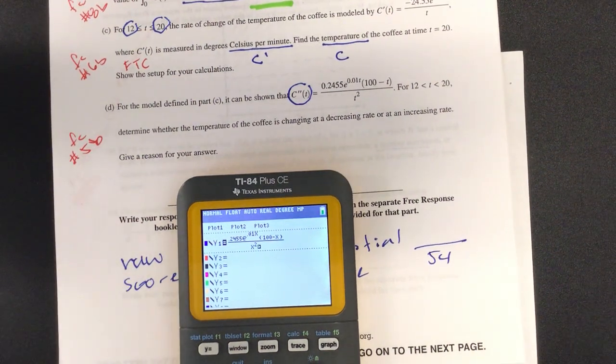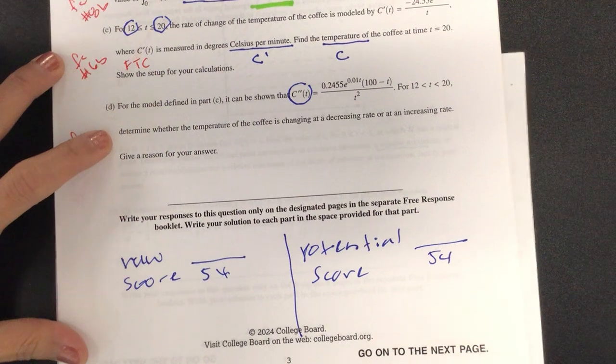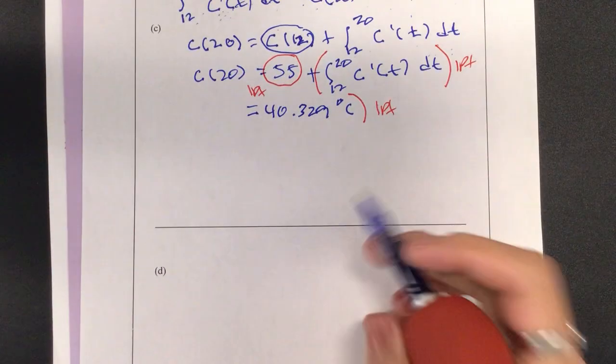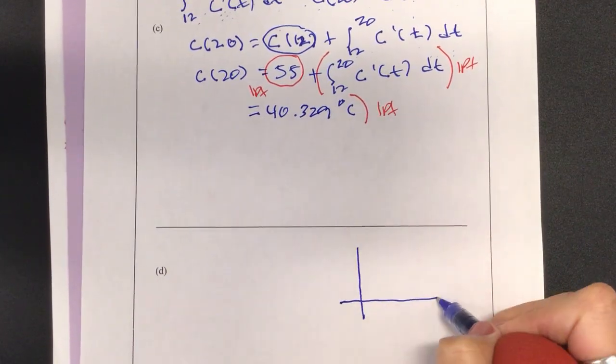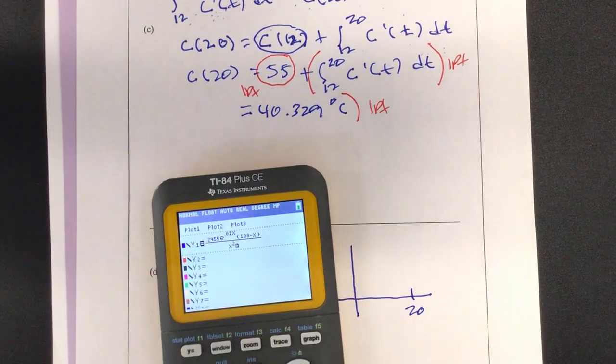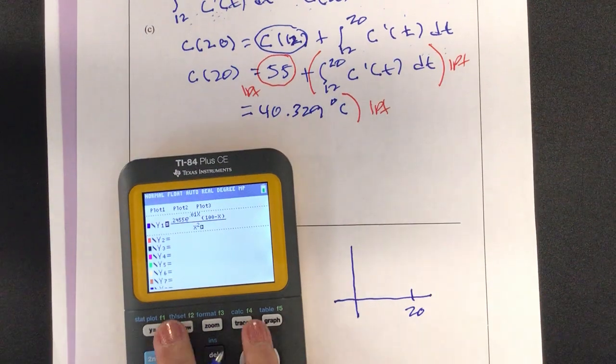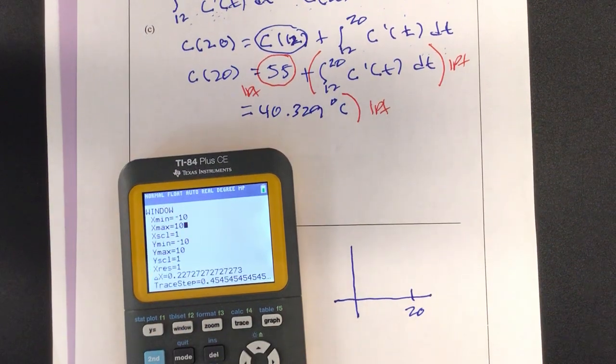And I'm going to actually draw the model, and it's not going to be perfect, because it really depends on where your window is set. So on here, part D, I want you to go ahead and give me a little sketch of the graph. And I'm looking at up to 20. It might be a little skewed, maybe not, we shall see. So on my window, I think I want to go a little bit past 20.